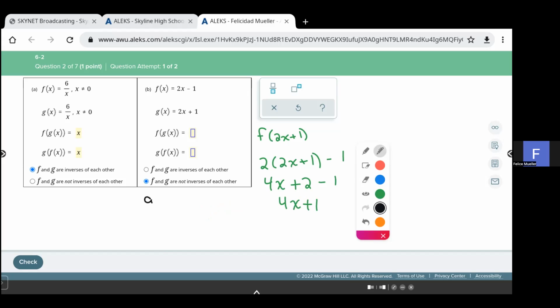So then we're going to do g of 2x minus 1. So I'm going to get 2 times 2x minus 1 plus 1, which gets me 4x minus 2 plus 1, which equals 4x minus 1.